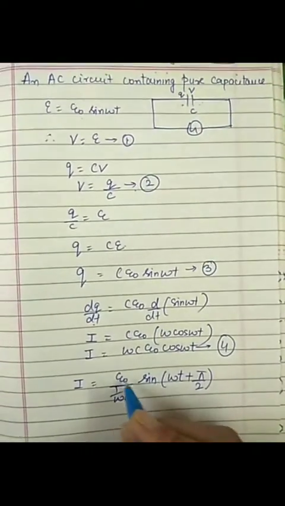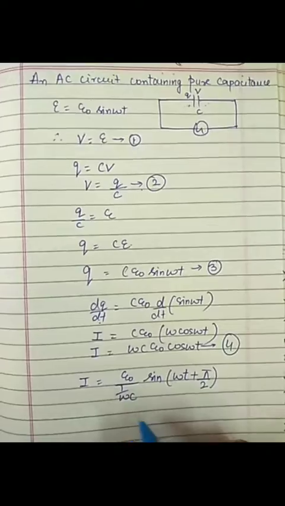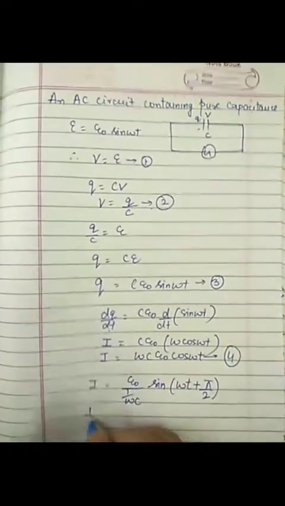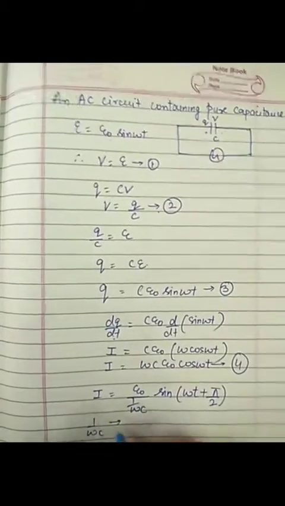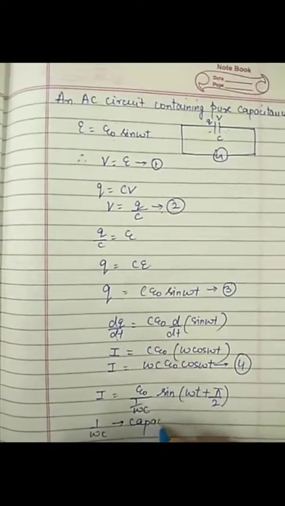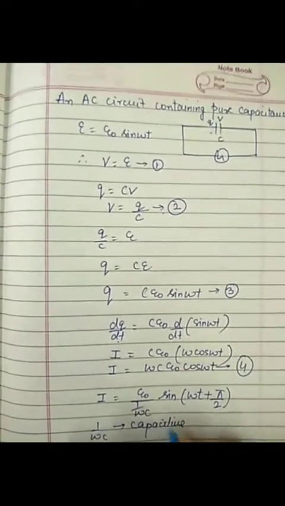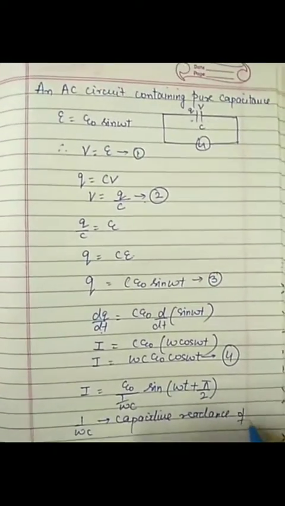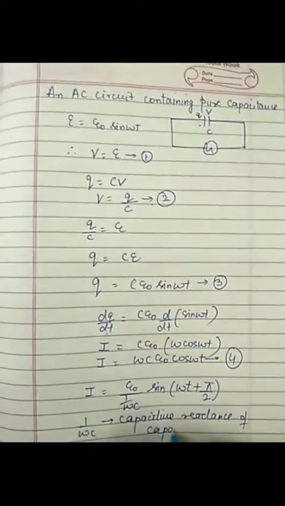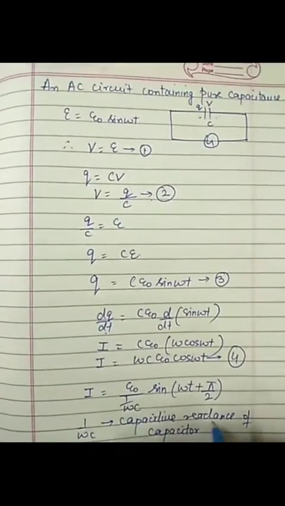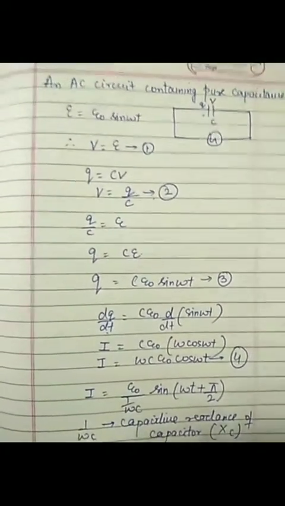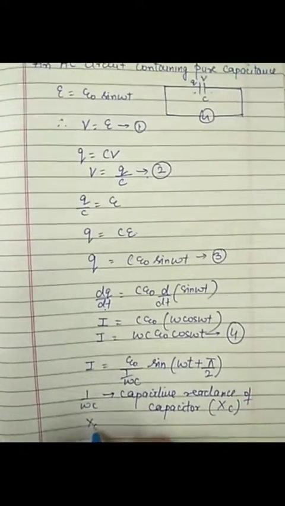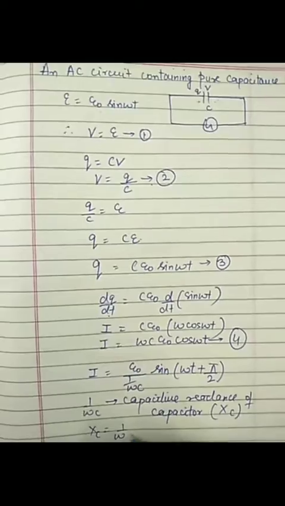Here 1 by omega C is called the capacitive reactance of the capacitor, and is denoted by XC. So XC equals 1 by omega C.